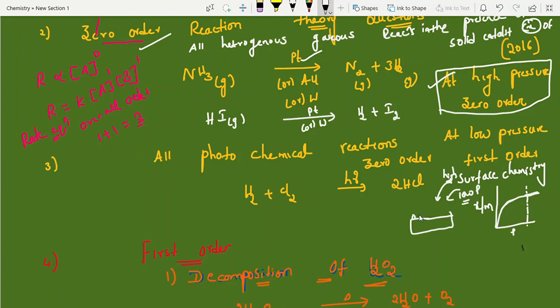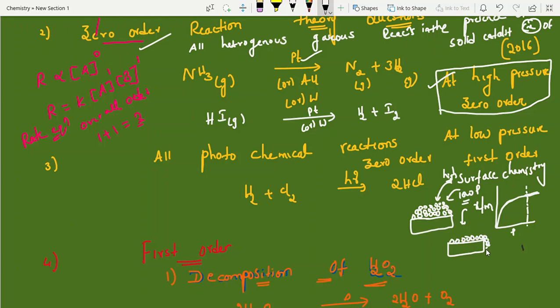First, what happened? Adsorption. All gaseous molecules sit on the surface. Adsorption takes place. Suppose physisorption, no. Because of weak van der Waals forces between adsorbate and adsorbent, multilayer can form. That's why if you increase pressure, adsorption increases. But here the chemisorption case is not like that. In chemisorption, whether you send high pressure or low pressure, what happens, students?